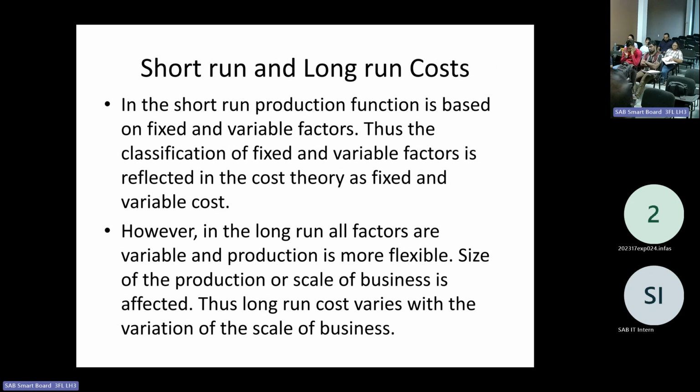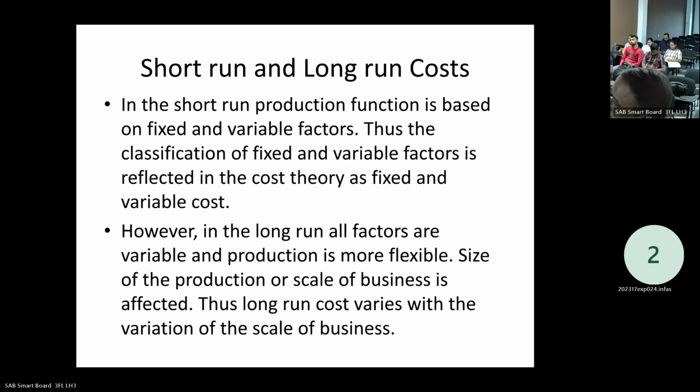Okay, right now, since we identified that cost varies with the output, depending on the factor variability, cost also varies. That's why we consider the short run cost and the long run cost. The short run production function, we know that.